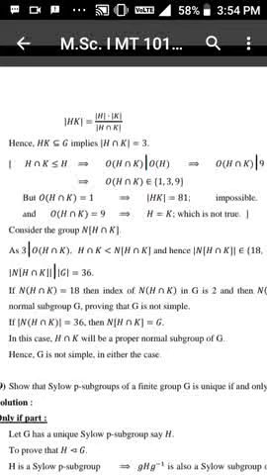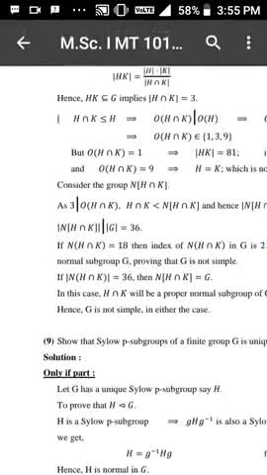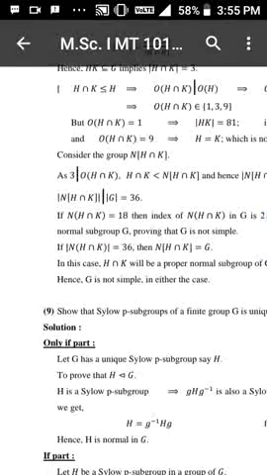Consider the normalizer N of H intersection K. 3 divides the order of H intersection K, and H intersection K is a subgroup of N of H intersection K, and hence the order of N belongs to {18, 36}. N of H intersection K divides the order of G, which is 36.